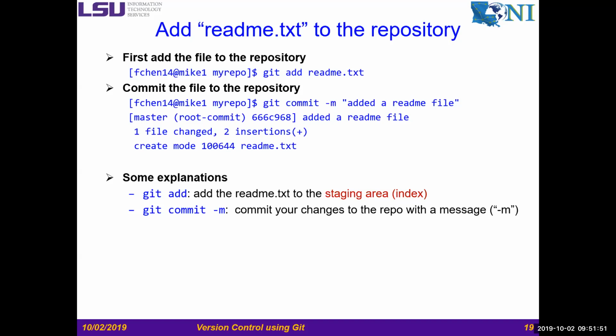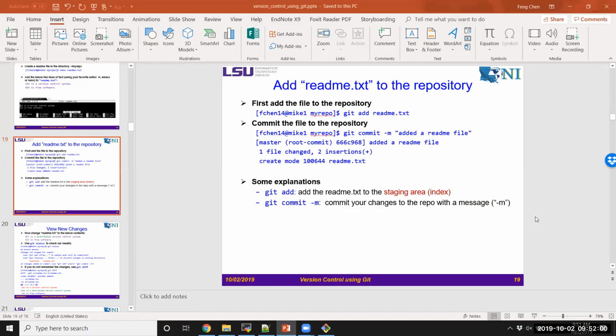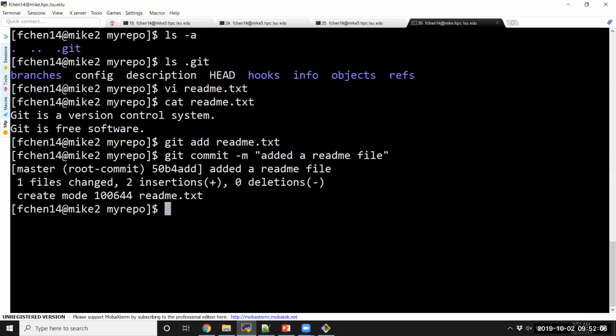So please don't type something random, just randomly commit it. It's meaningless. All right, so we have committed our first file, and we have the 2 lines in the file. We have a commit. This is our first change.